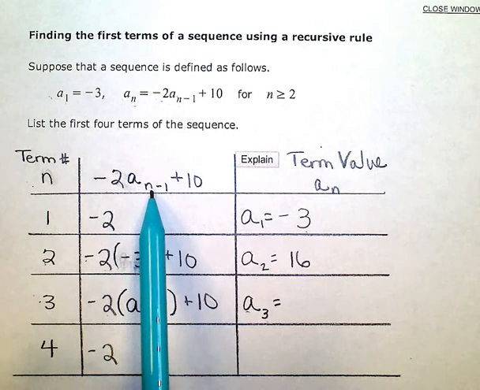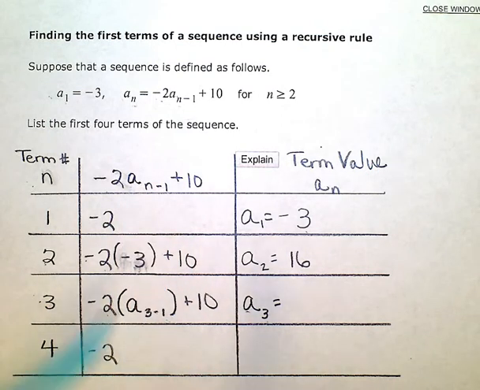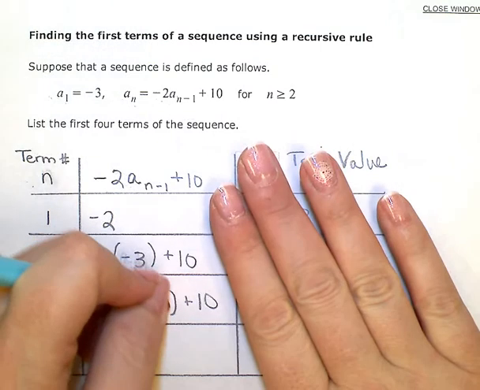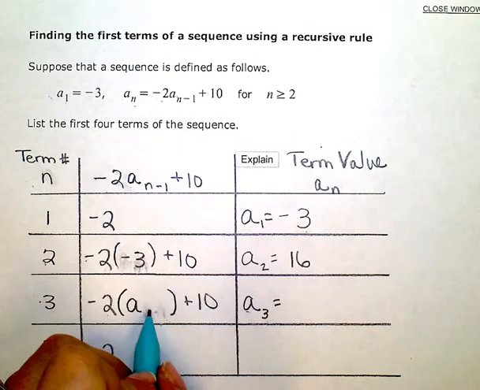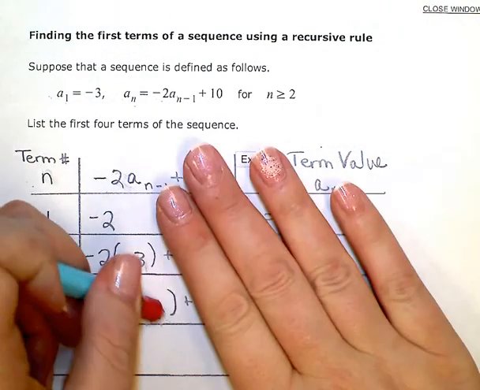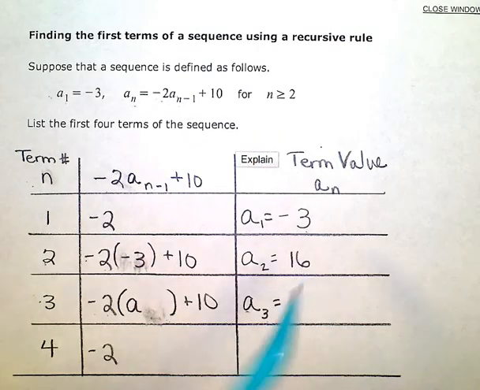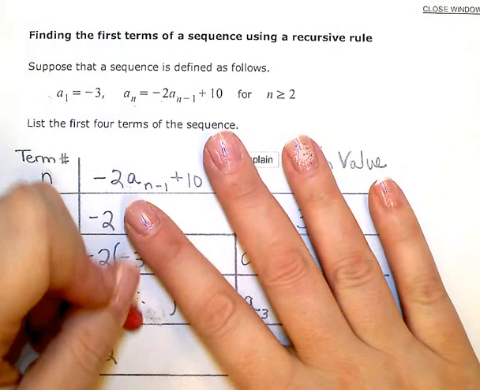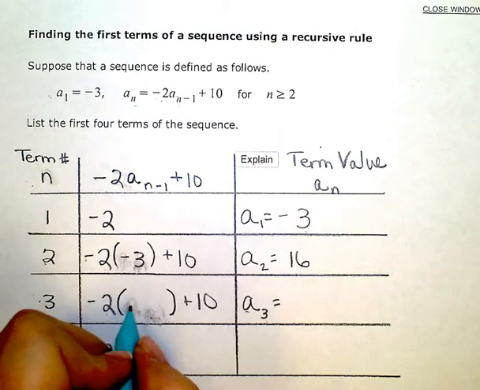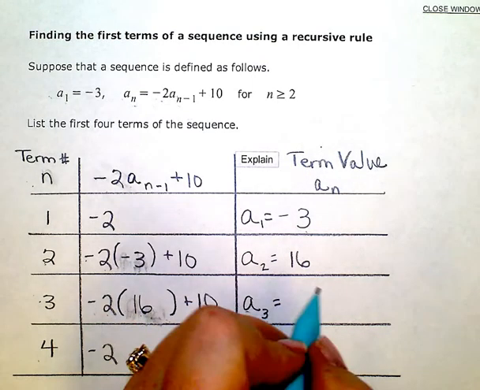If n is 3, I'm finding the value of the term 3 minus 1. Well, 3 minus 1 is just 2, okay? So I'm going to do -2 times the value of the second term plus 10. And A sub 2 is 16. So I need to do -2 times 16, which is -32, plus 10, which is -22.